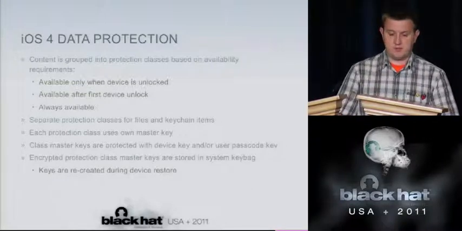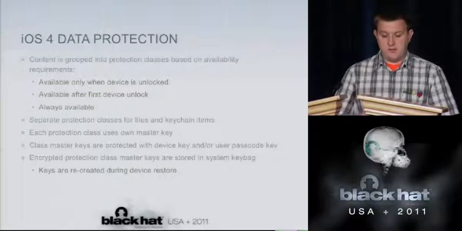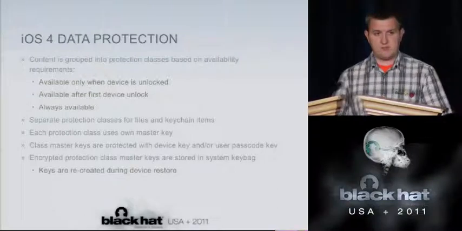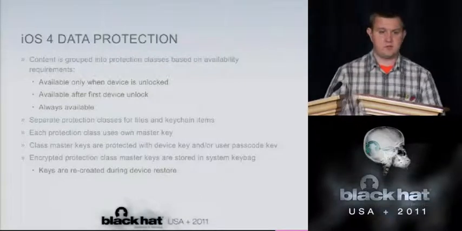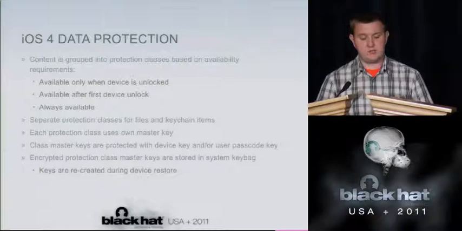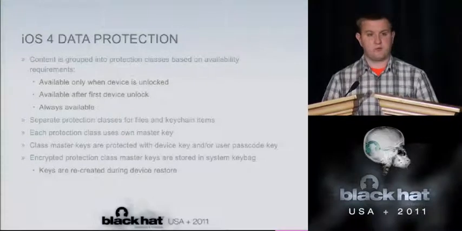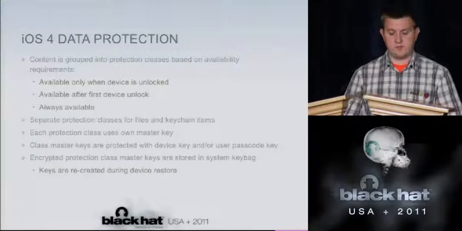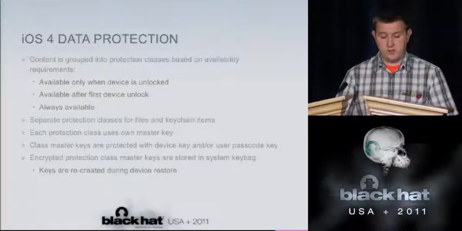Those accessibility domains are: the data available only when the device is unlocked; the data available only after the device was unlocked for the first time, and remains available until the device is switched off or reset; and the data available at all times, no matter whether the device is locked or unlocked.